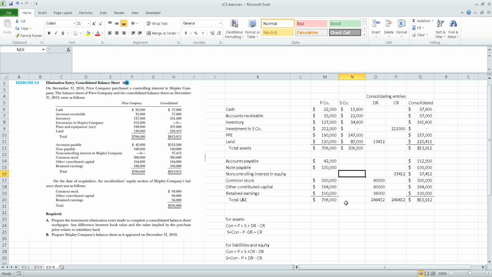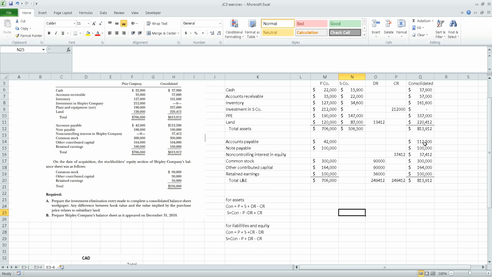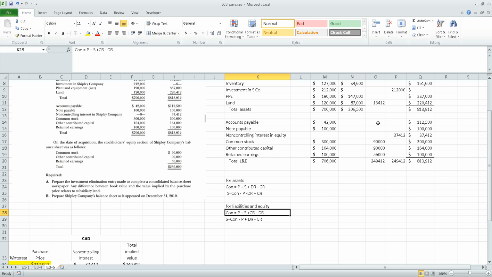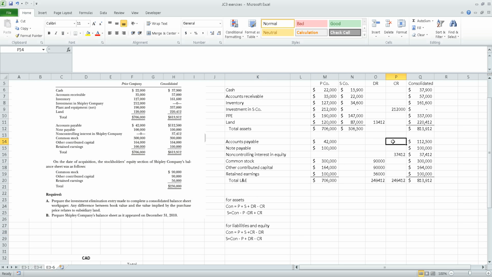Okay, so the next thing we need to do is the same thing for accounts payable. Basically figure out what amount has got to be plugged in here so that when it's added to the parent company's accounts payable, increased by any credits in the consolidated entry and decreased by any debits in the consolidated entry, it yields the consolidated balance. Or this consolidated balance equals the parent company balance plus the sub's balance plus any credit that was made here minus any debit that was made here. That's what this says.